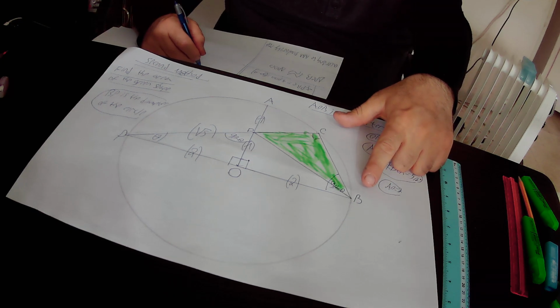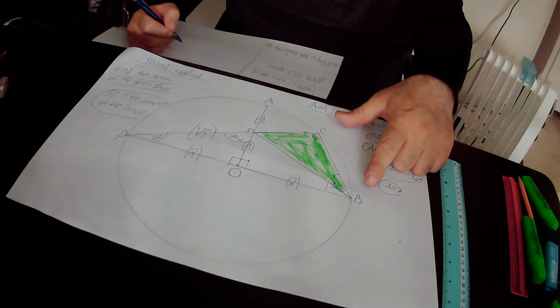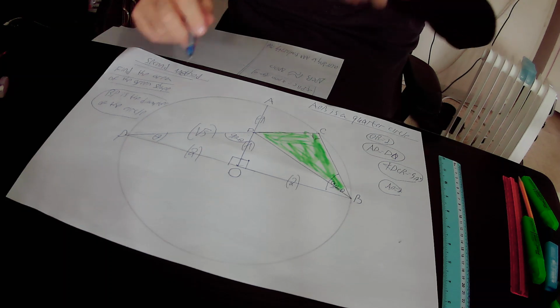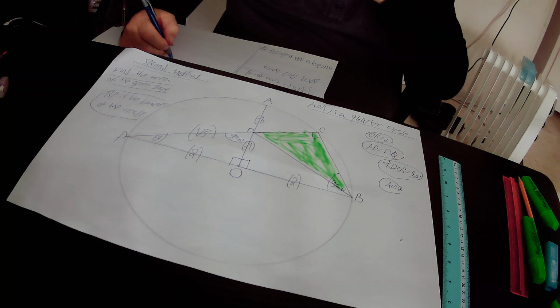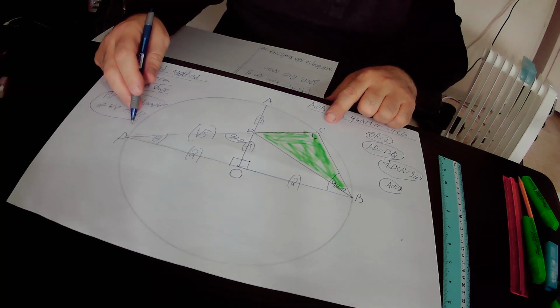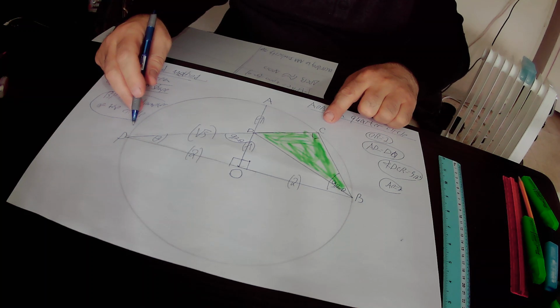CB is the missing side, so we leave it as it is. And it is equal to PO. PO is 2 over PC or CP. CP in total equals CD plus square root of 5.